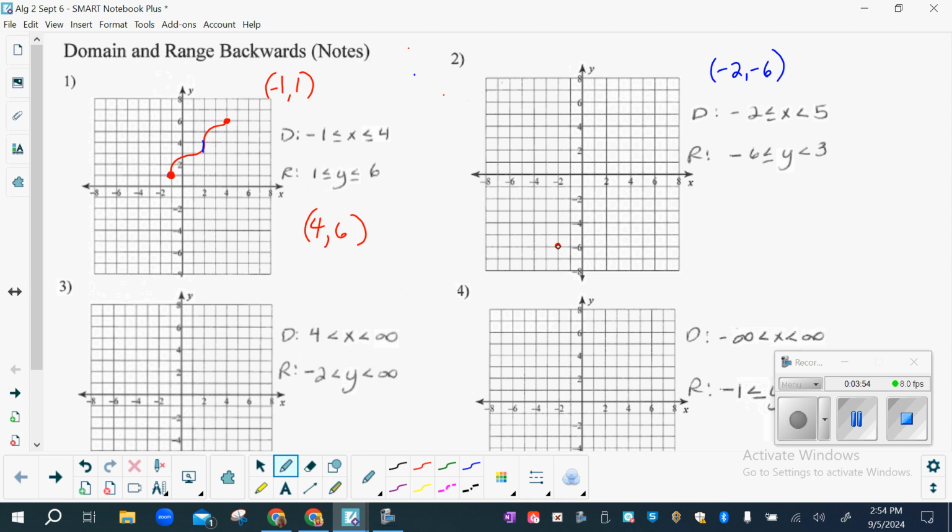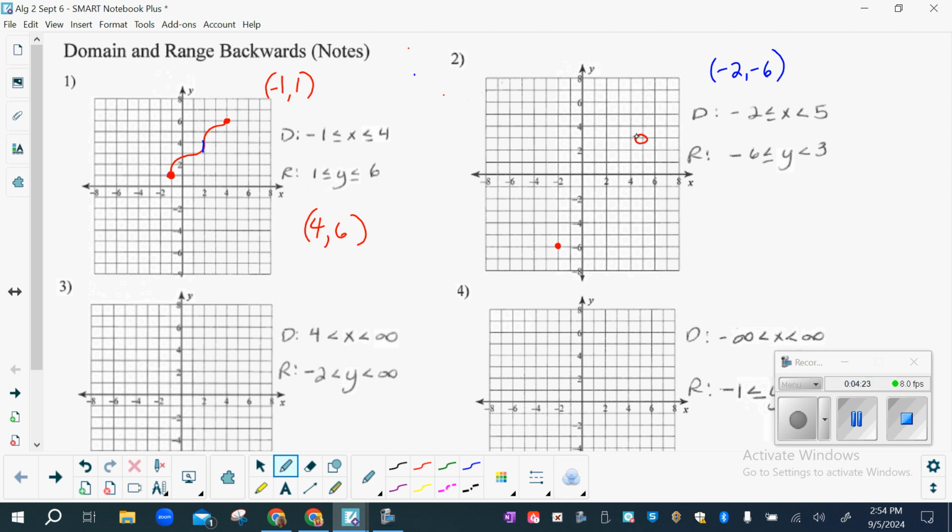Closed, because it's less than or equal to on both of them. So what would be my next point? Now I'm going to use my 5 for my domain and the 3. And it would be open. Why would it be open? Because it's the regular left-hand symbol. That's right. There's no equal symbol there. Does that make sense?